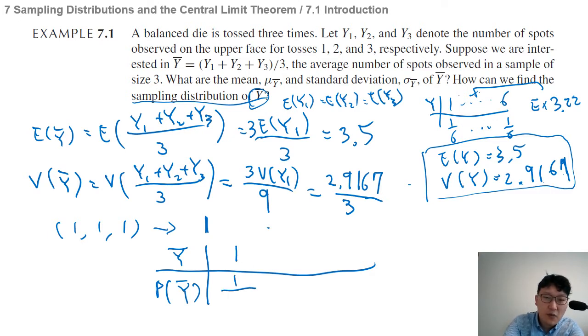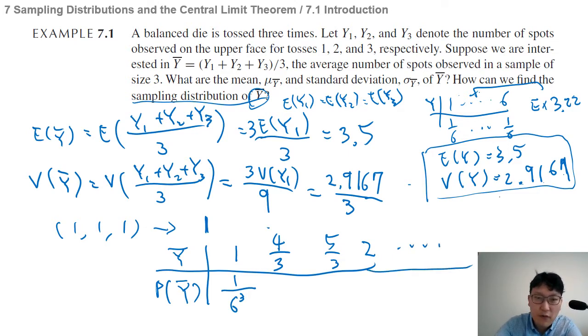The number of all possible events would be 6 to the 3. The next event is 1 1 2, which gives 4 over 3, and 5 over 3, and 2 2 2, dot dot dot. This would be the sampling distribution for y bar.